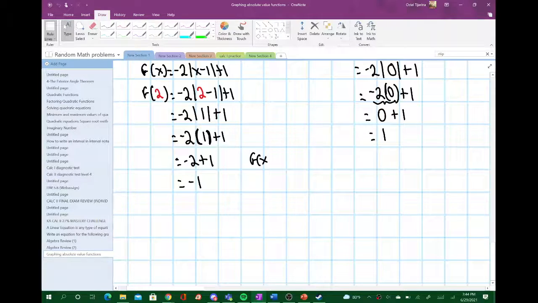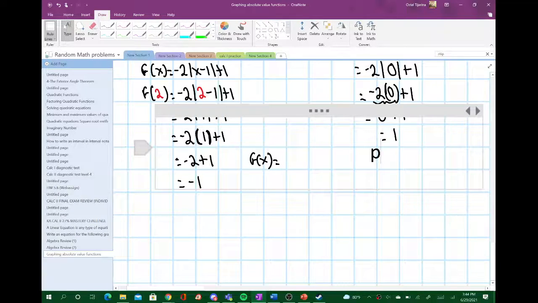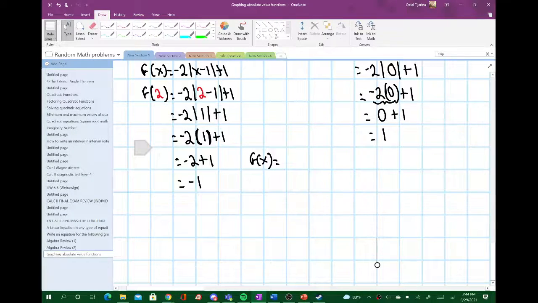Give me 1 second, everybody. Okay, so we have f of x, and again, like I said, if it helps writing your function over and over, that's okay too. We're going to do it that way. So negative 2 times the absolute value of x minus 1 plus 1, right?